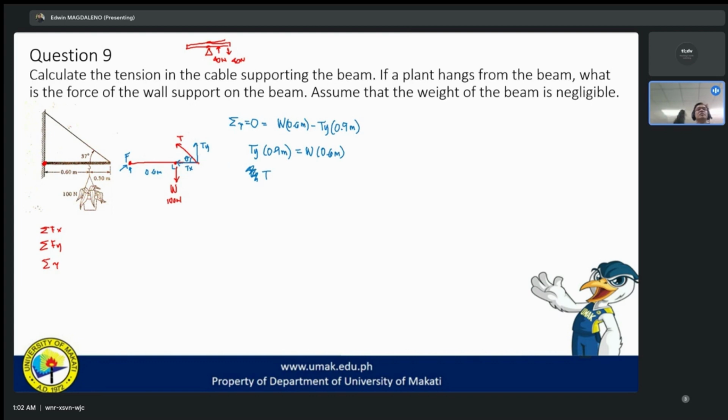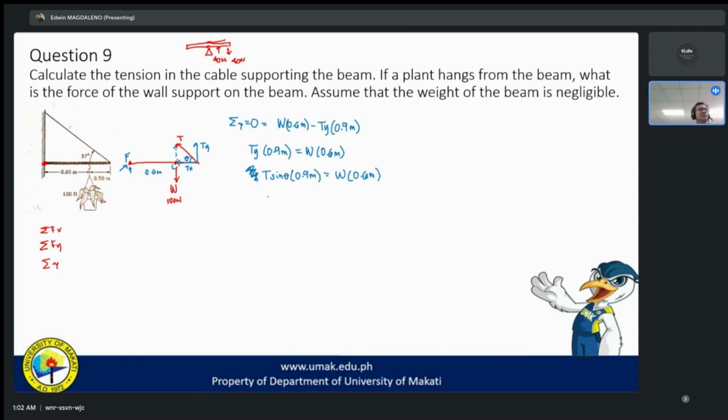If we project T sub Y on the other side, the same height, so same magnitude, it is opposite the angle theta, so opposite is sine. So that is T sine of theta times 0.9 meters equal to the weight times 0.6 meters.